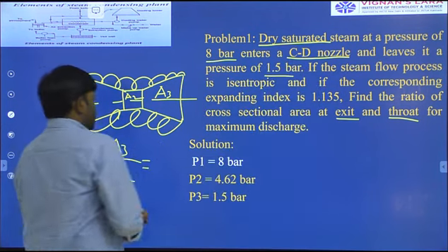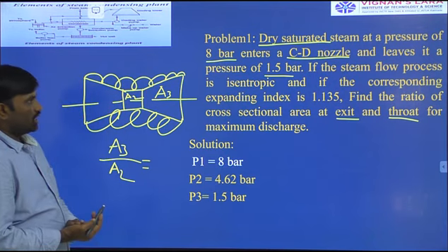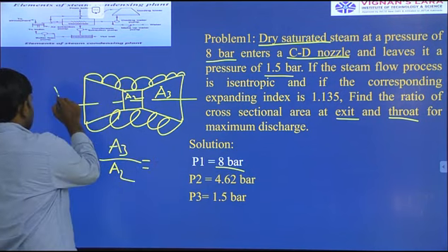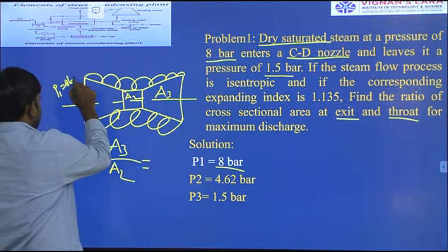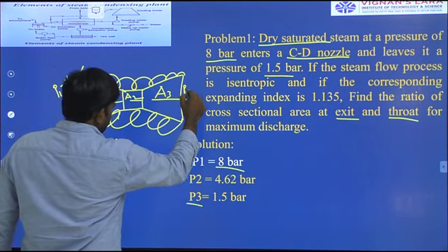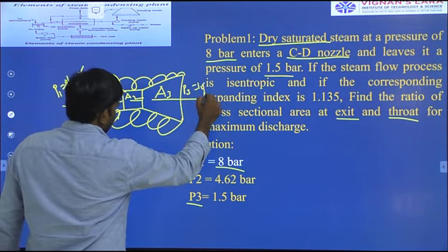The given data: at inlet condition, P1 is equal to 8 bar, and at exit condition the discharge pressure P3 is 1.5 bar.